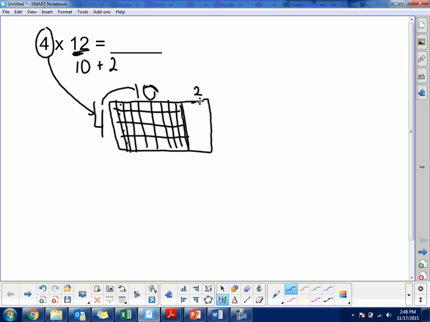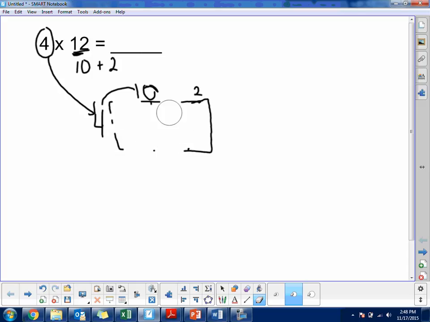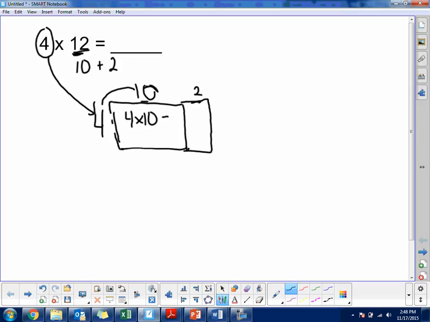Now we don't always have to draw those little boxes in between. In fact, I'm not going to draw those boxes in between. Instead, I'm just going to show what 4 times 10 is. And we should know that 4 times 10 equals 40.